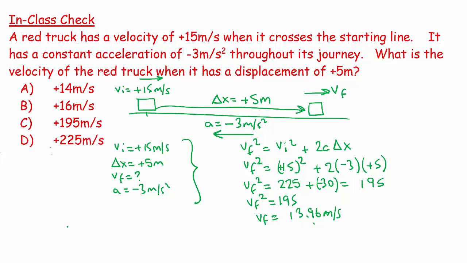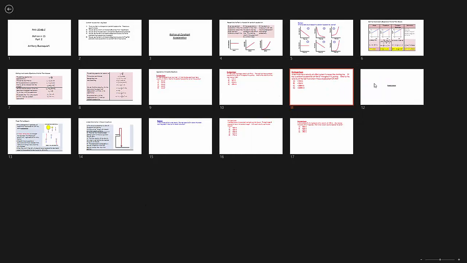Now you've got to be careful here, okay, because it's the square root of a number, and the square root of a number has 2 possible values, positive and negative. Now that might seem like a mathematical nicety, but what's going on here is, look at the velocity.